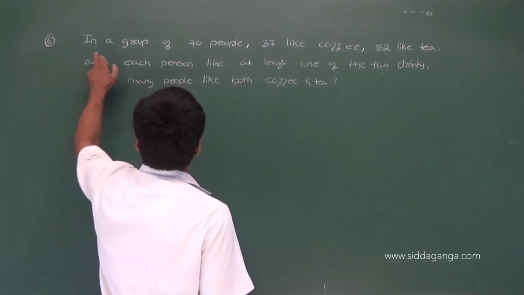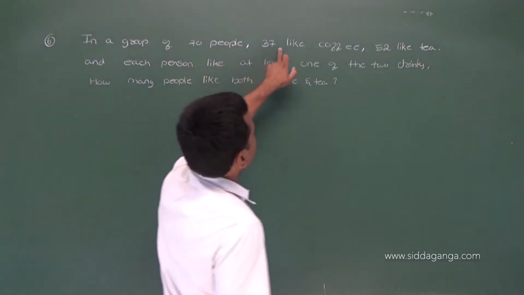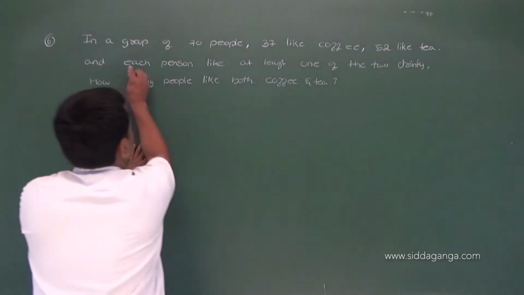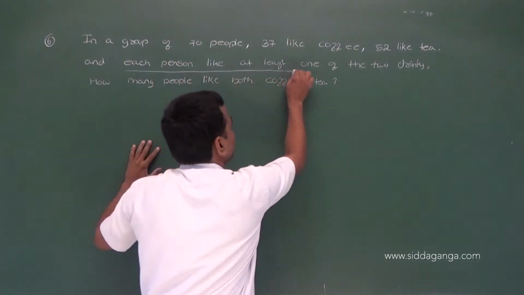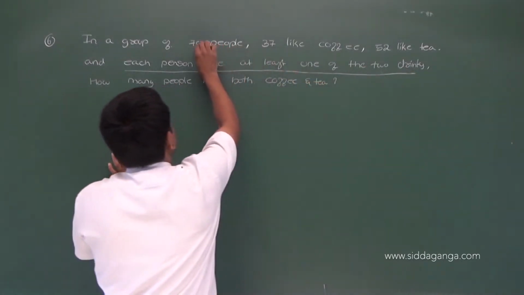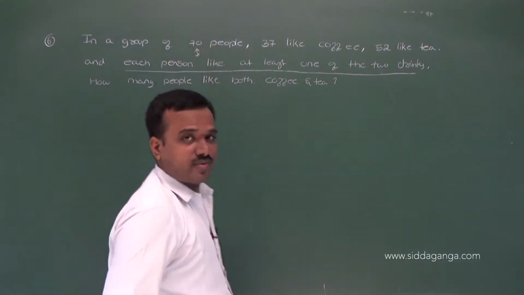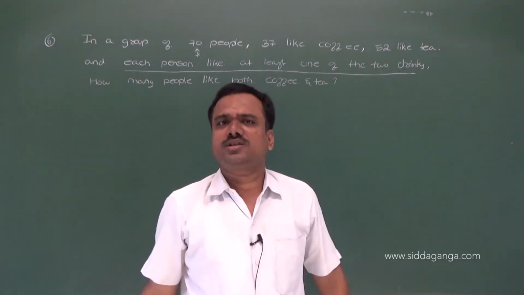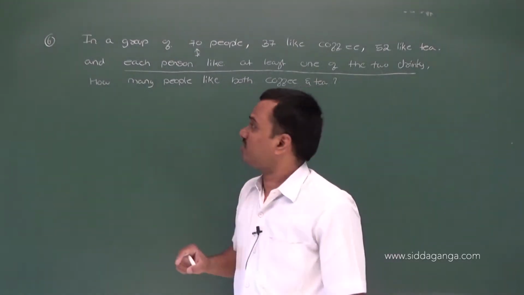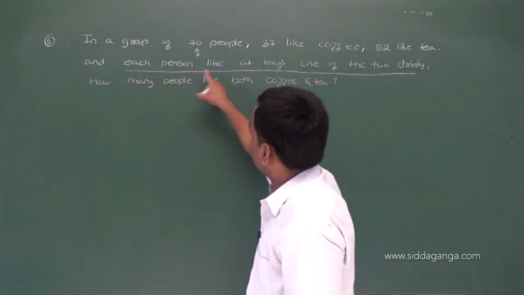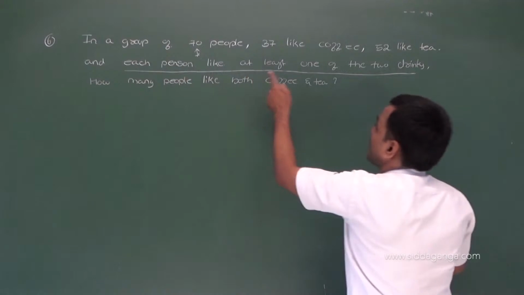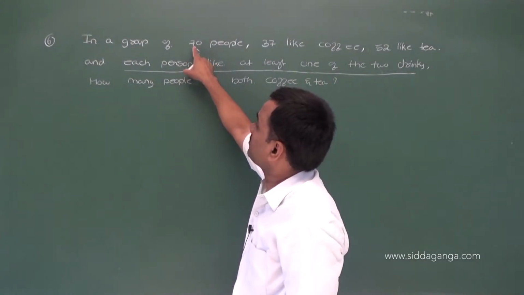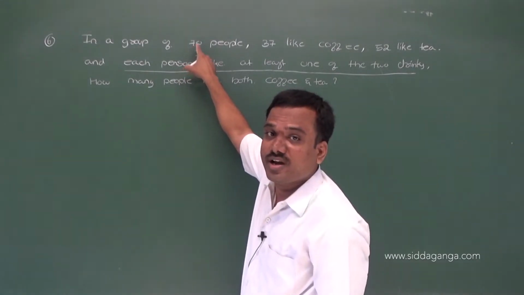See the question. In a group of 70 people, 37 like coffee, 52 like tea, and each person, this is a very important concept, likes at least one of the two drinks. So these 70 people like at least one of the two drinks, whether they like both drinks or one drink, either tea or coffee. This sentence, what I underline, each person likes at least one of the two drinks, indicates the union of coffee and tea.